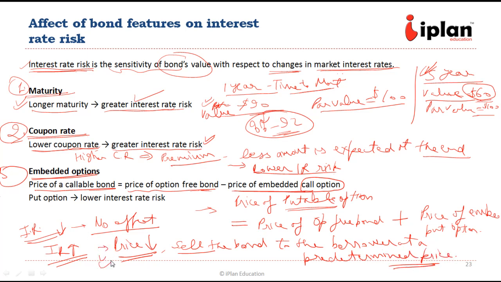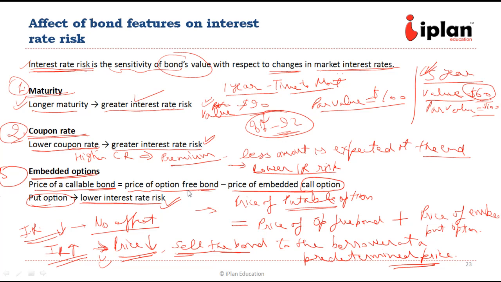If the interest rate is rising, the price of the bond is falling, it cannot fall below the value at which the bondholder can sell the bond back to the borrower. So that is why we are protected due to this put option. So if we have a put option, the interest rate risk is going to be lower.